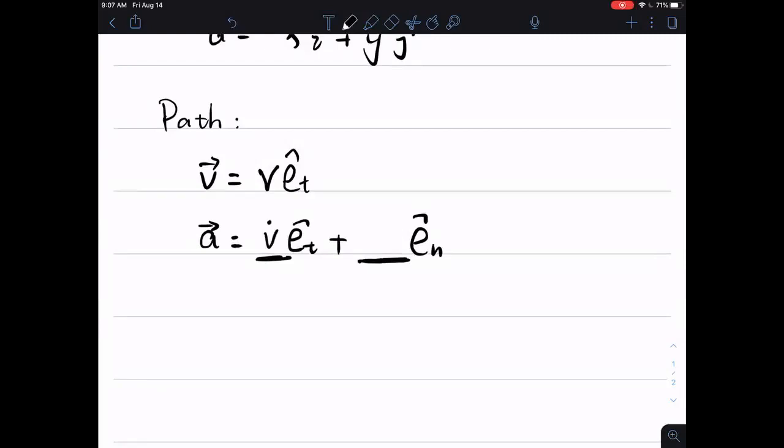Is that right? And on the second blank, something squared, v squared over rho. What is rho? The radius of curvature. So make sure you write it down. Rho here is the radius of curvature. Okay, now you can open your notes. Make sure you have those in your notes.